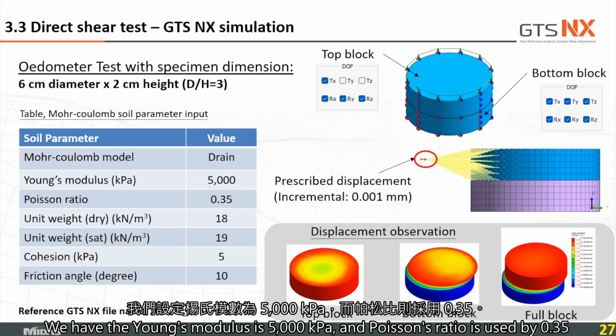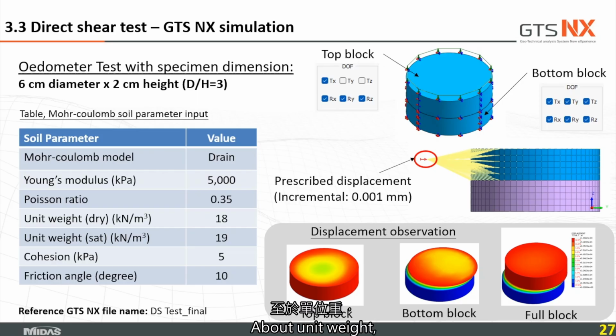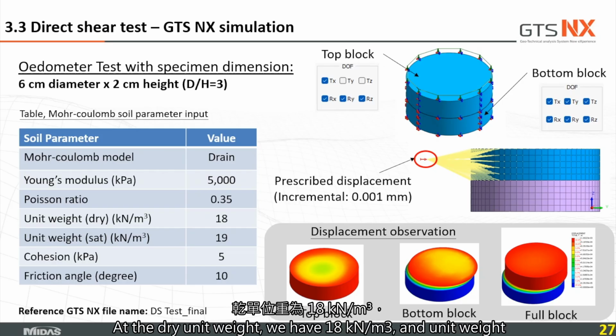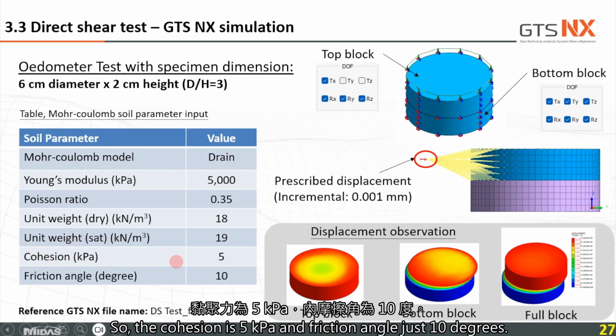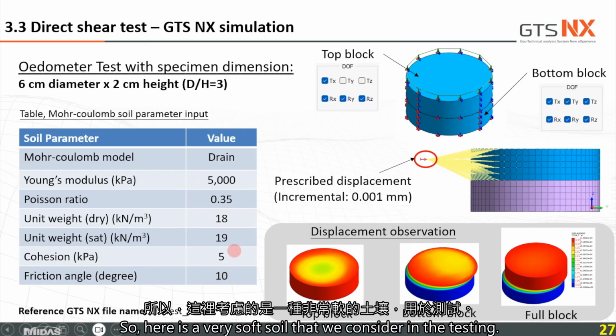We have the Young's modulus of 5,000 and a Poisson's ratio of 0.35. The dry unit weight is 18 kilonewton per meter cube, and the saturated unit weight is 19 kilonewton per meter cube. The cohesion is 5 kilopascal and the friction angle is 10 degrees. So here is a very soft soil that we consider in the testing.